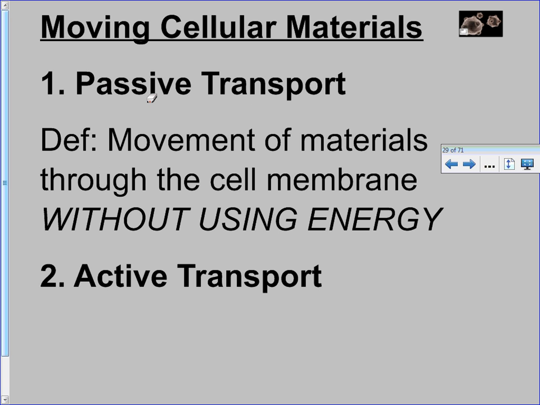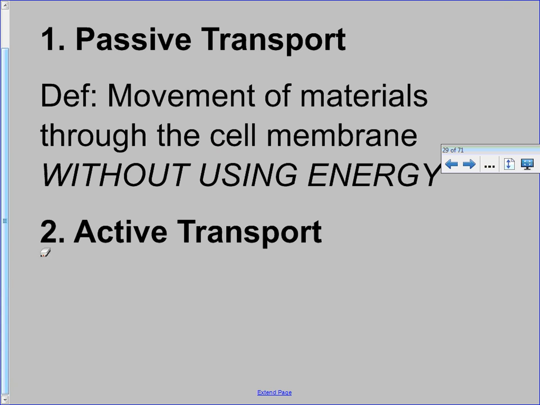Passive typically means not being active, sitting back and letting things happen, being more sedentary. So it would make sense that passive does not use energy, and transport has to do with materials transporting through the cell membrane.